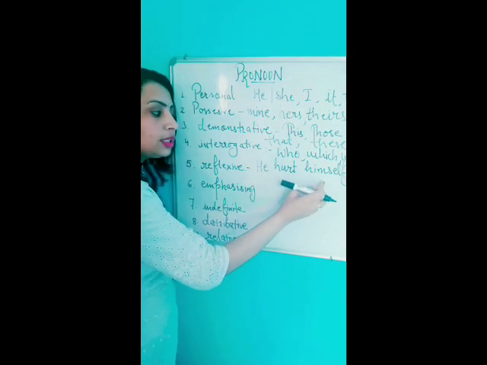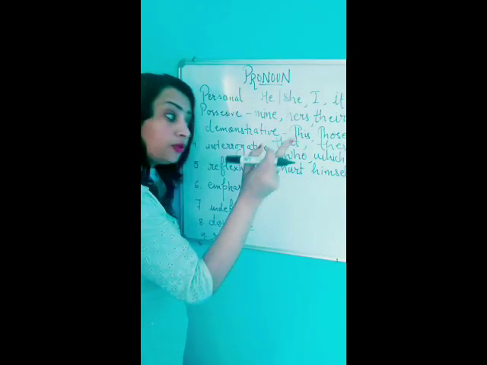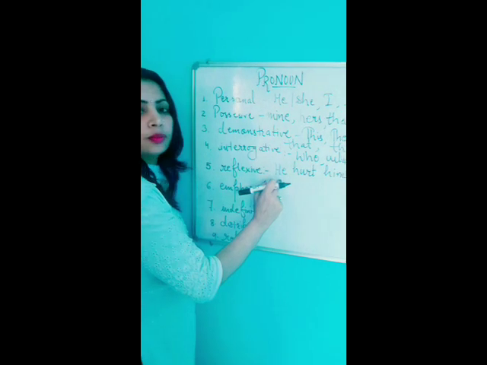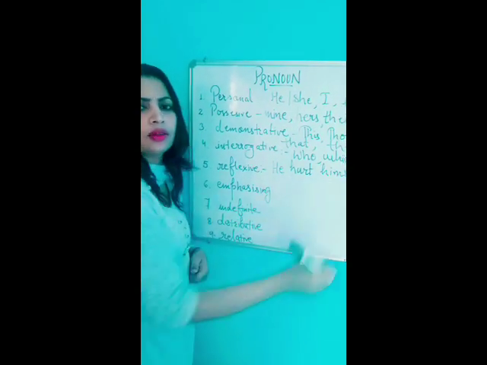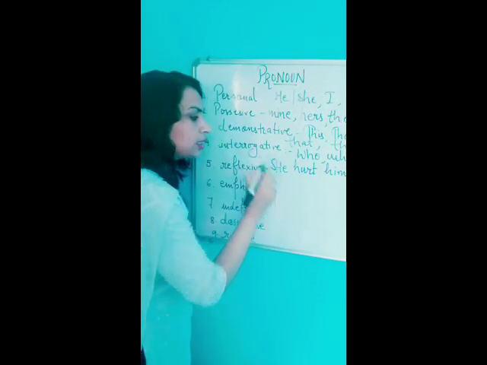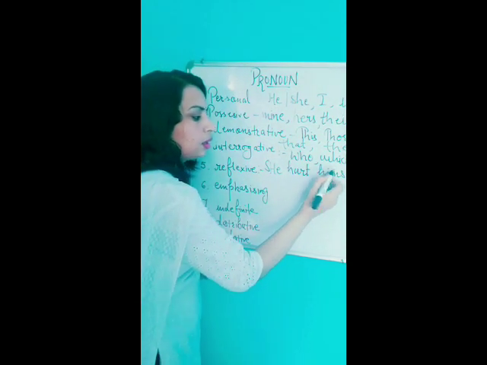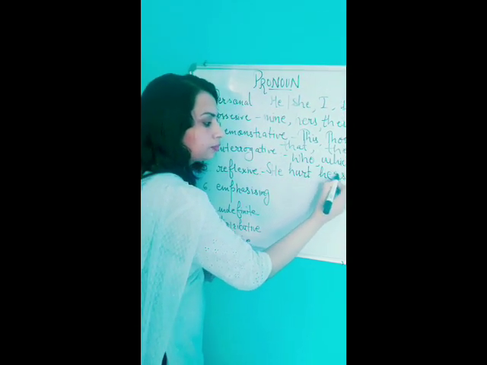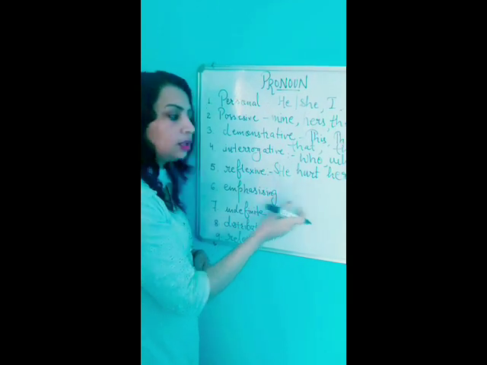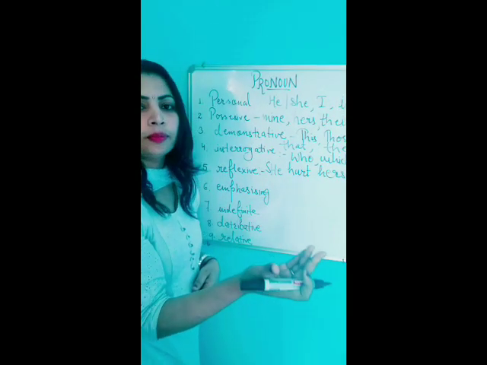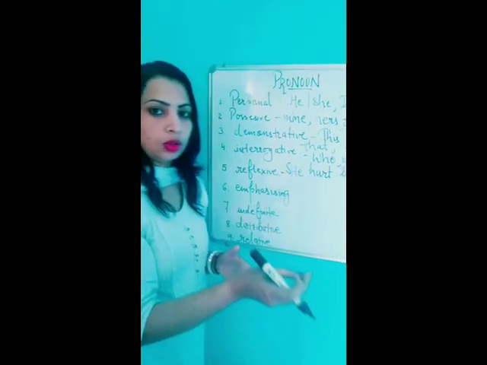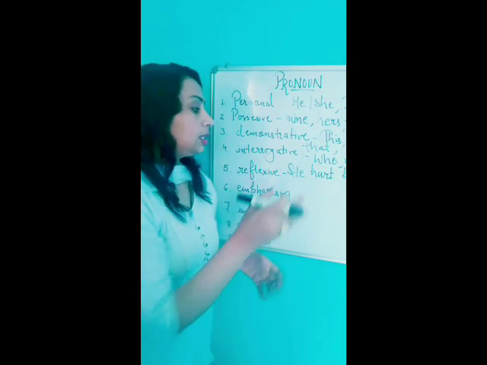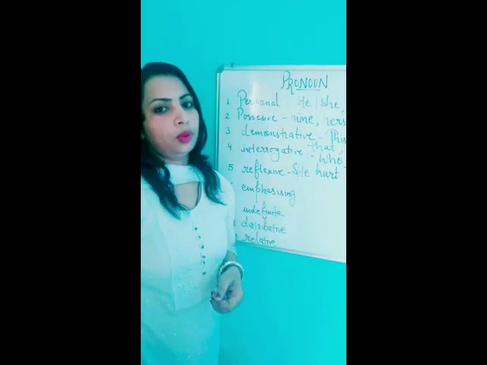And this reflexive pronoun is reflecting the subject. He hurt himself. If she is there, then you may use herself. If any non-living thing is there, you may use itself. So reflexive pronouns are those which, through the action, reflect on the subject only.